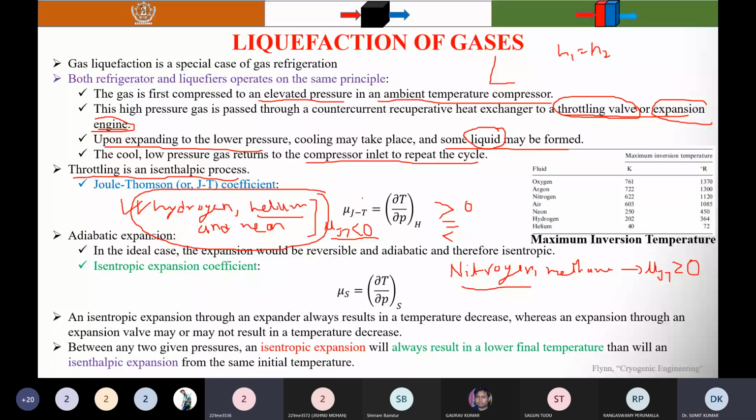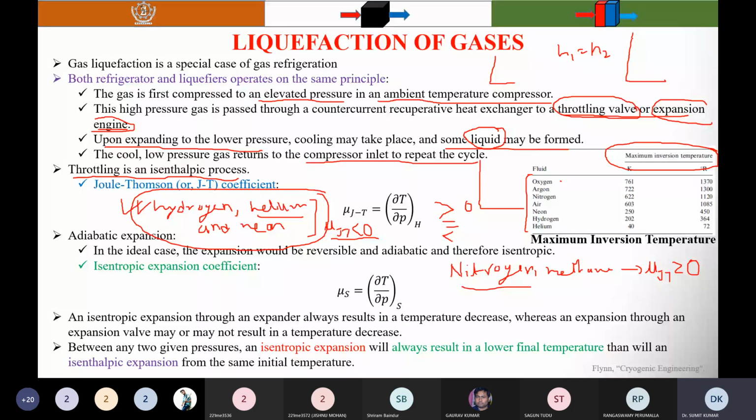When you expand it, if you remember, there is a maximum inversion temperature. You can see that here, I have written the maximum inversion temperatures for different gases. I had drawn the curve something like this. This is the inversion curve.